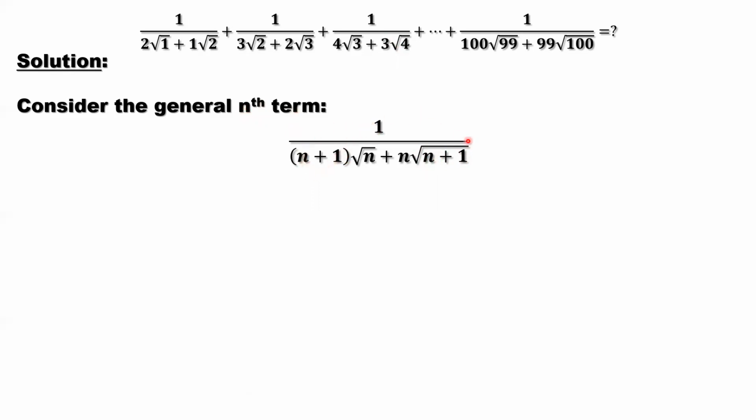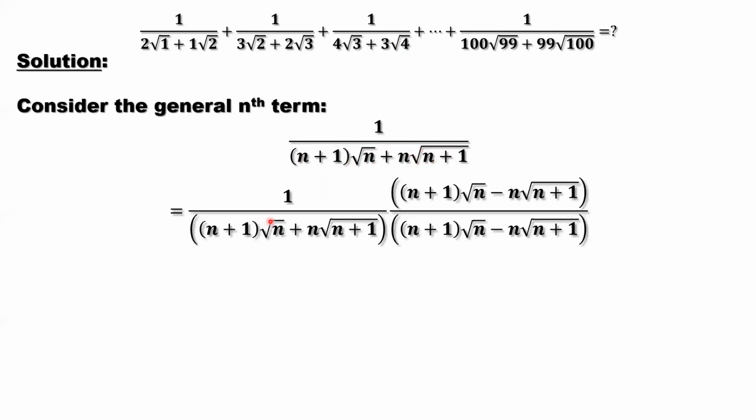So we can simplify this first. How to simplify this? The general idea is to get rid of the square root sign from the denominator. How? Times its conjugate. The conjugate is minus here instead of plus.